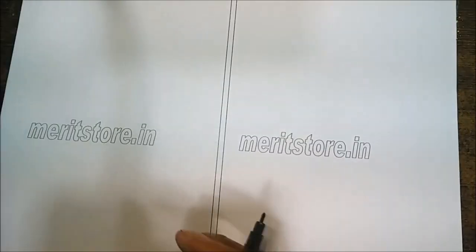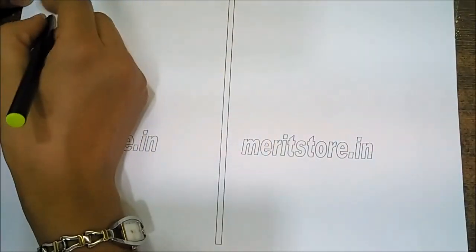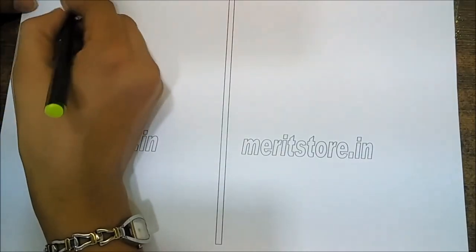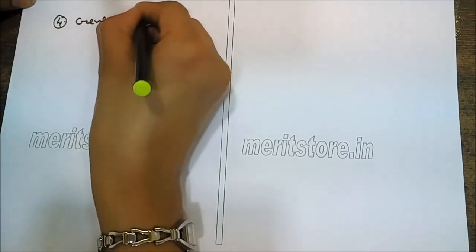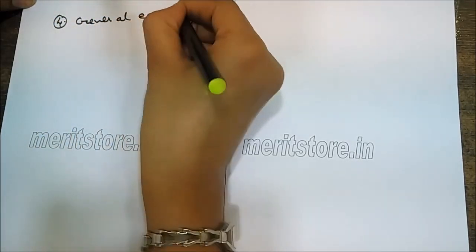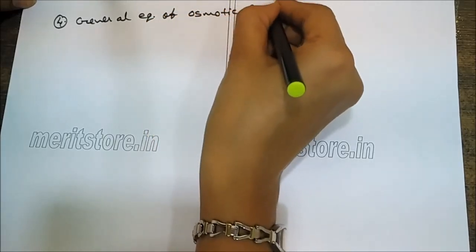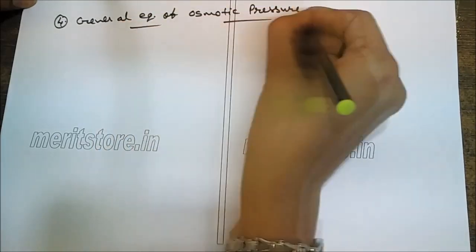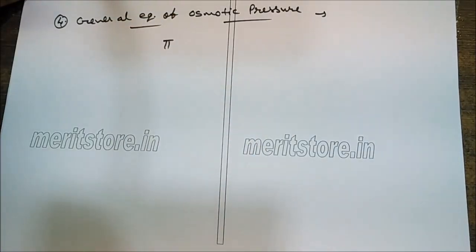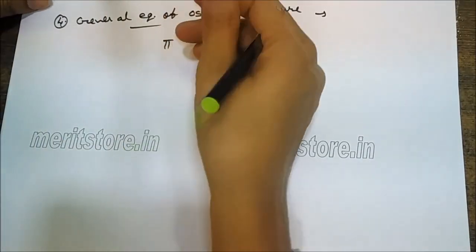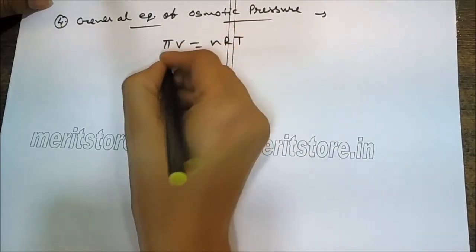The fourth law of osmotic pressure is the general equation for osmotic pressure. By combining all these laws, Van't Hoff-Boyle's law and Van't Hoff-Charles law, we can get one equation: pi V is equal to nRT.